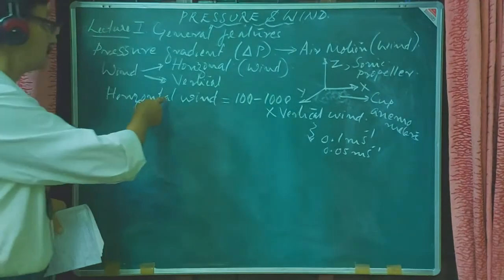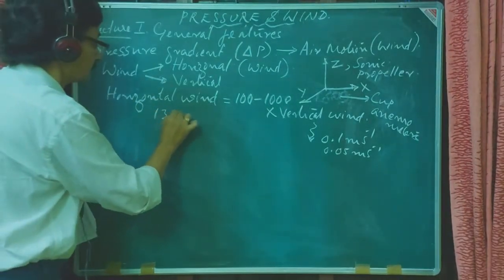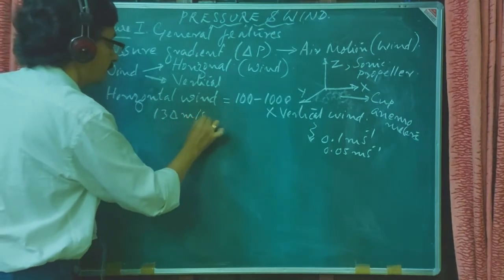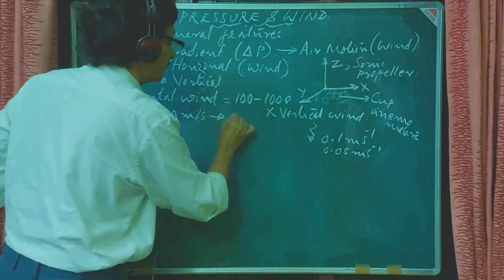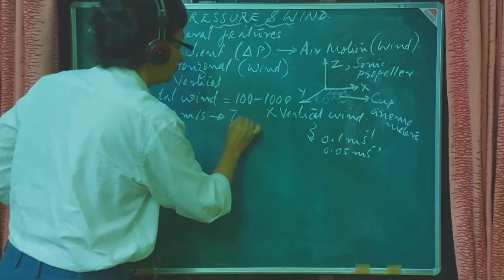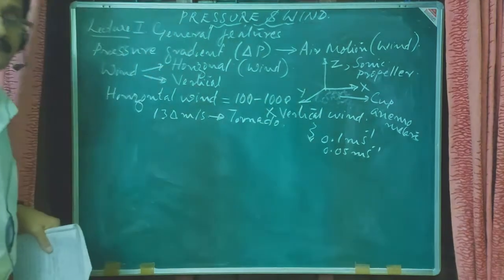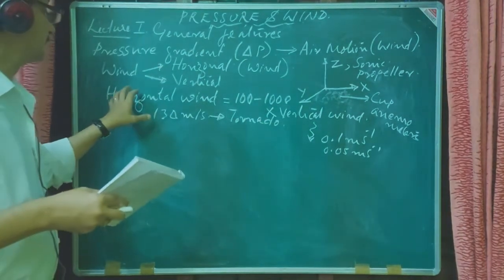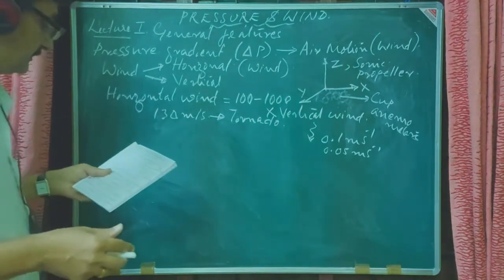But horizontal wind can exceed 130 meters per second in the weather phenomenon tornado. So this is the comparison between horizontal wind and vertical wind.